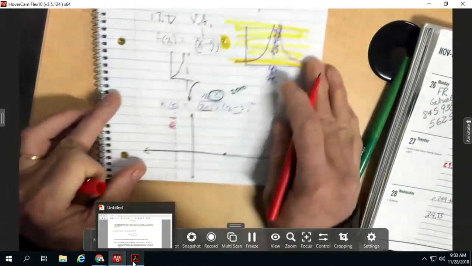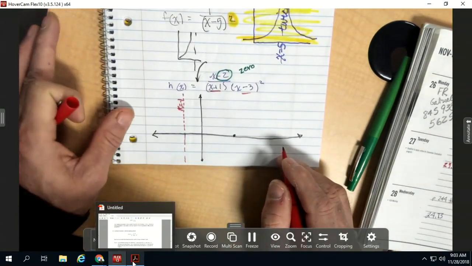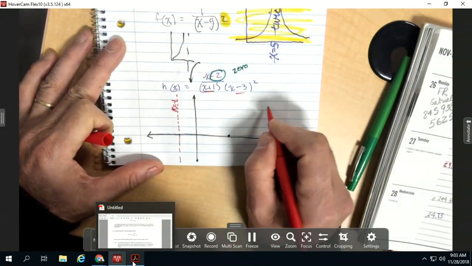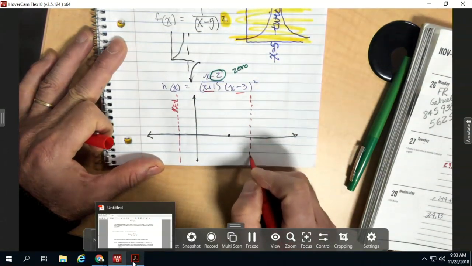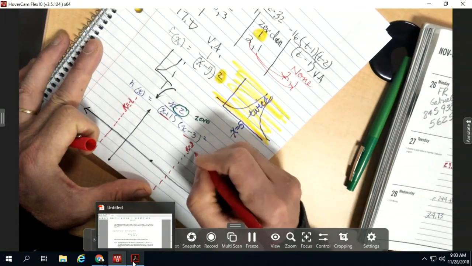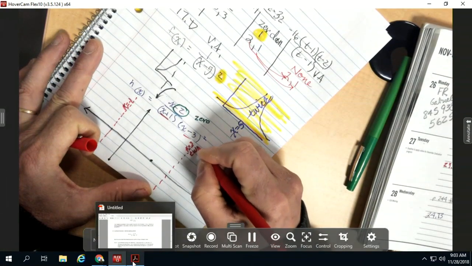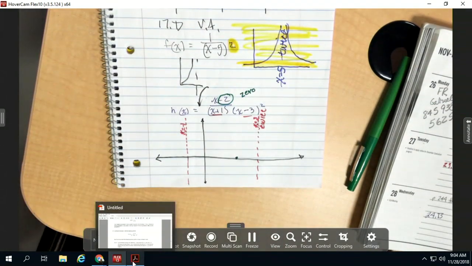X equals negative 1 is an asymptote, and X equals 3 is an asymptote. Make sure you put down twice. It's an important thing.